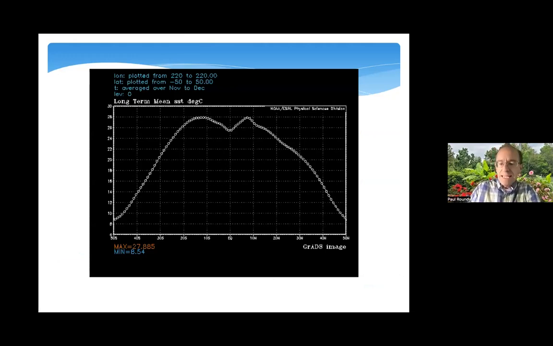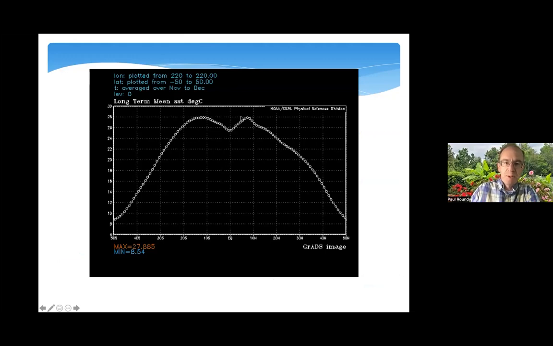So let's say that we were on a ship over the North Pacific around 50 degrees north and 140 degrees west. And we had a thermometer attached to the hull of the ship and we were heading south. We would see the temperature rise from near 10 degrees C up to around 28 C at a maximum.